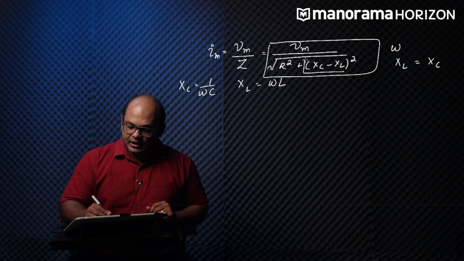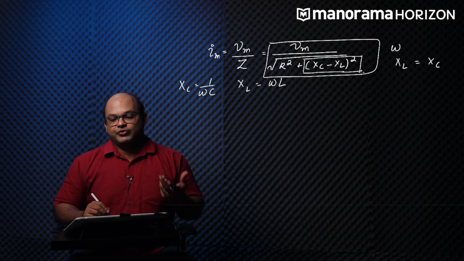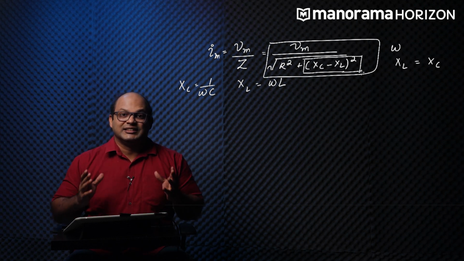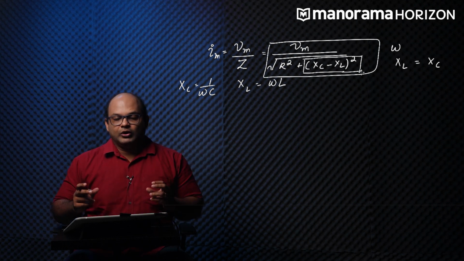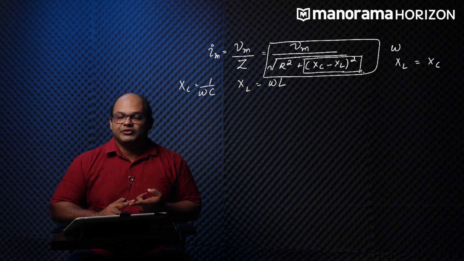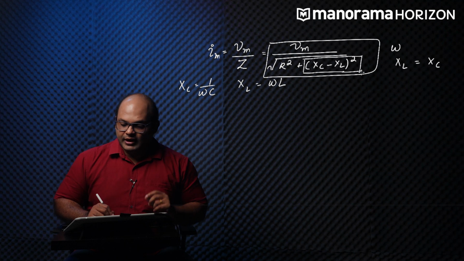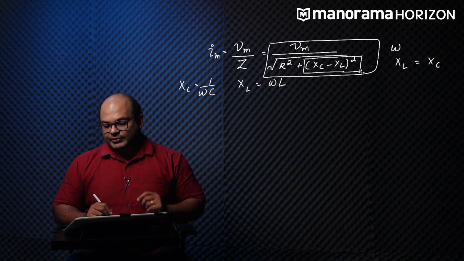When this happens, the entire reactance component of this impedance goes to 0 and the circuit becomes purely resistive. So we no longer have the impedance of the capacitor or the inductor in the circuit at that particular frequency at which their reactances become equal.